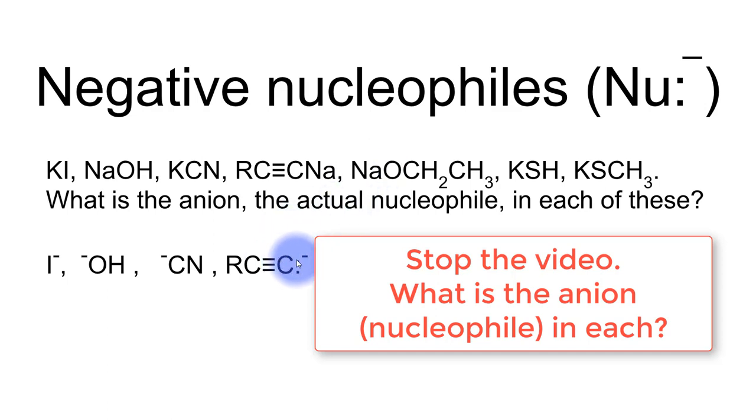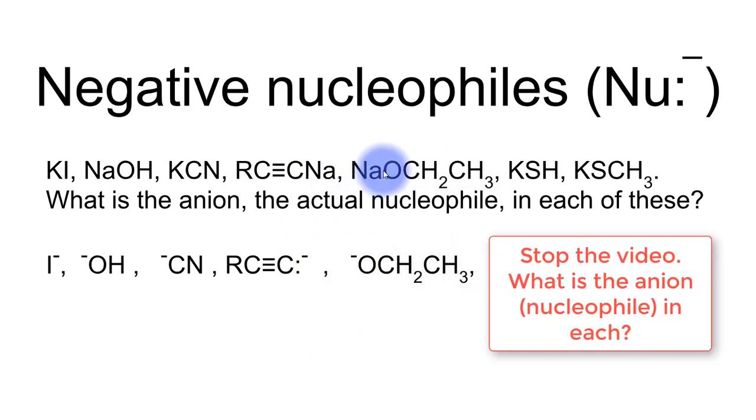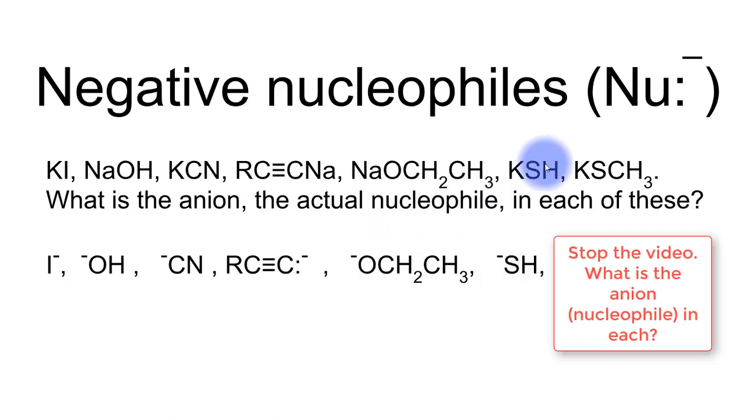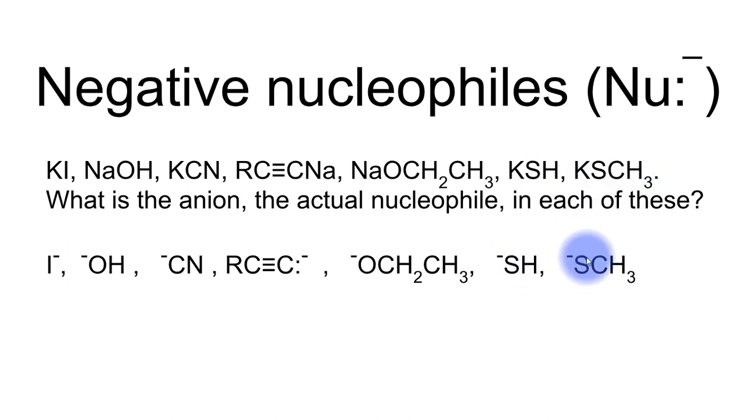Now notice that when I write the pair of electrons there, these all have at least one pair of electrons, but for whatever reason it's just traditional to write the dot dot for the acetylide anion. So the negative thing from the sodium ethoxide would just be the ethoxide with a negative oxygen. The negative of potassium hydrogen sulfide is the hydrogen sulfide ion, SH minus. And if it's the same thing but with a methyl instead of hydrogen, then it's the S-methyl.